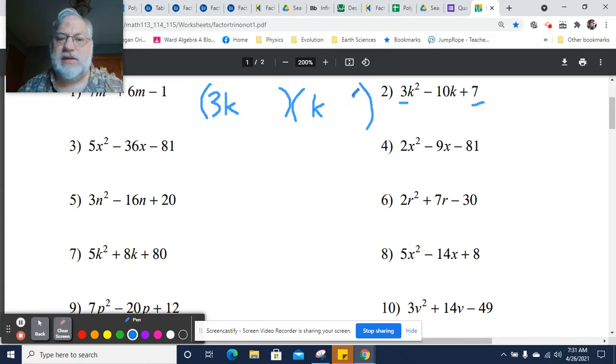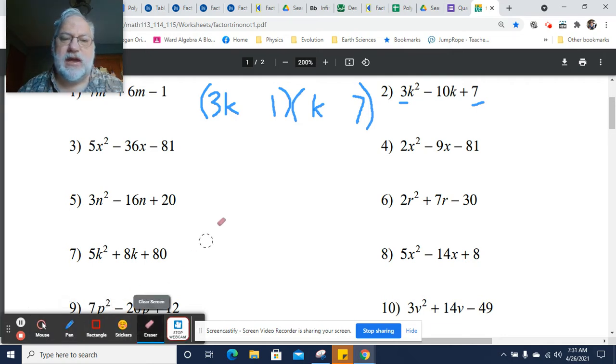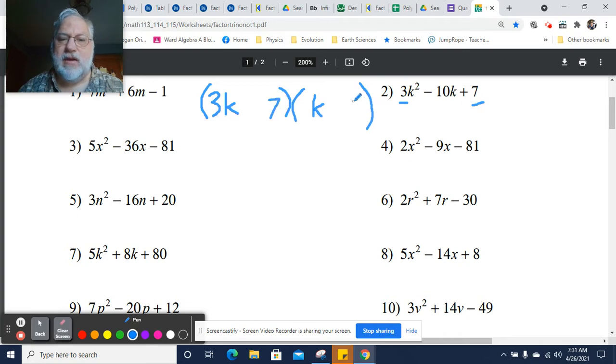If I put a 7 here and a 1 here, that's a 7 times 1. That gets me a 7. But then I've got an outside product of 21k and an inside product of 1k. So that seems a bit iffy. So we're going to switch that up, because 21k plus 1k is going to be 28k. We need to actually put the 7 here and the 1 here.